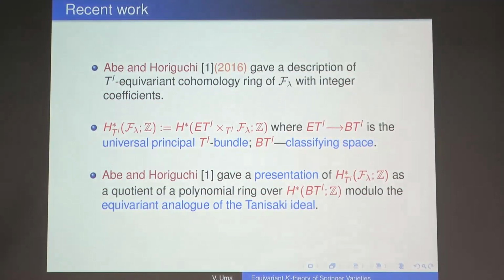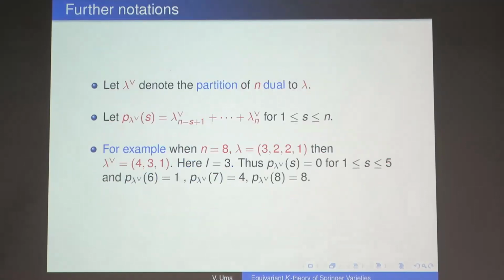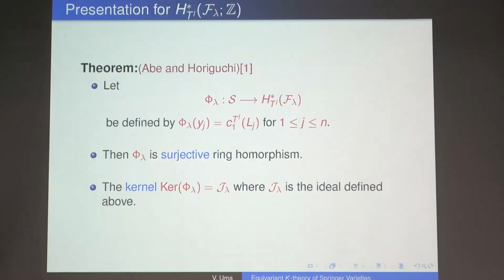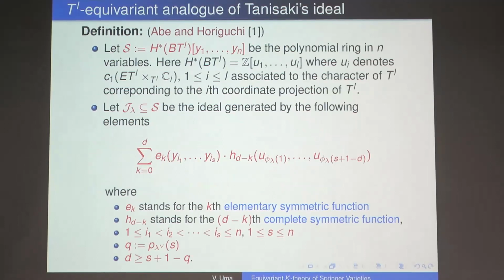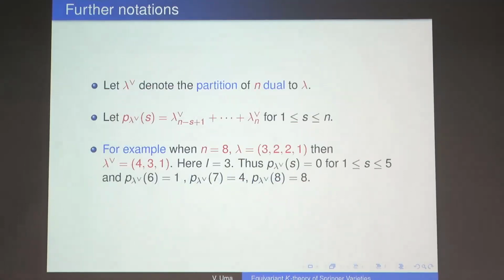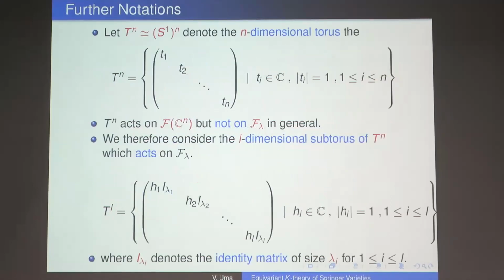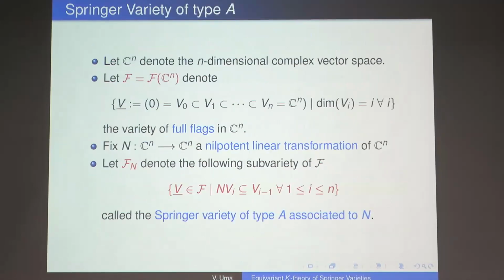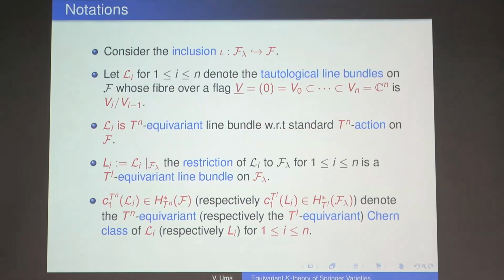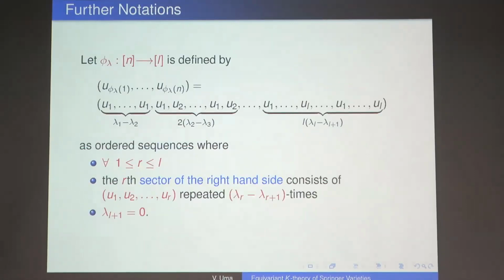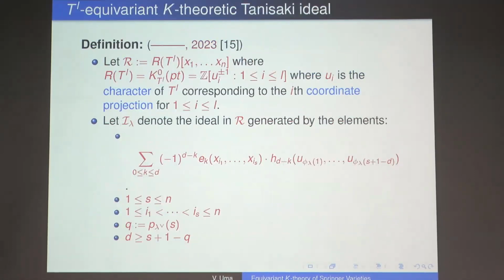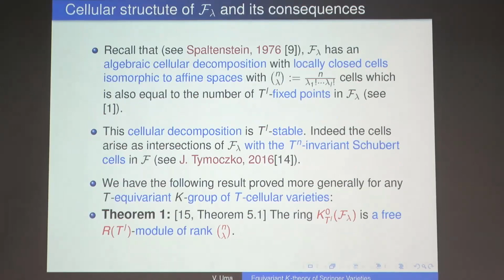Are there any GKM restrictions? Yes, but the curves are not known; we have the restriction to the fixed points. That's what we use here. We very much use the restriction, the localization. We don't know the graph, the one-dimensional curves, the P1s in F lambda.